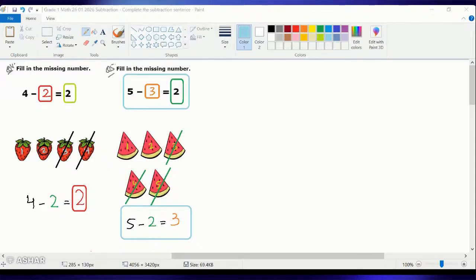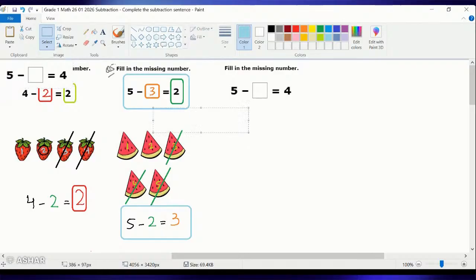Let's have a look. The next question says fill in the missing numbers if 5 minus something is 4. Let's try to do it with a different approach. Let's see what we can do differently over here. I'll just copy this.